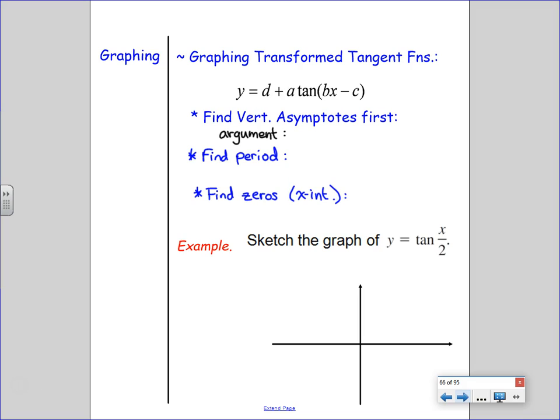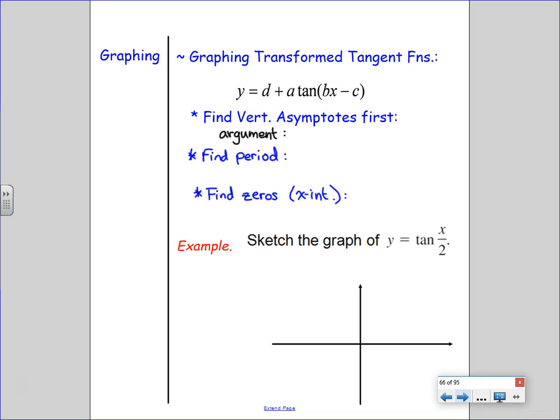And you need to know where to put the vertical asymptotes, so you know what's going on if it gets horizontally compressed or stretched. The vertical asymptotes will change, which means your tangent will get wider or narrower. And then you need to know the point of inflection, or the intercept.